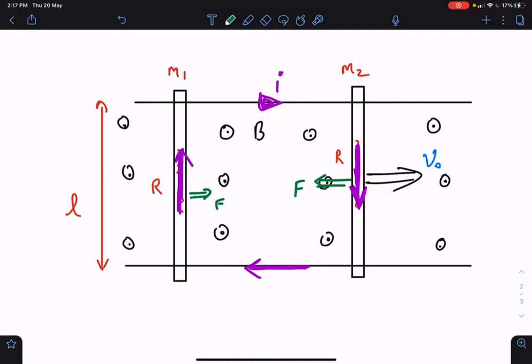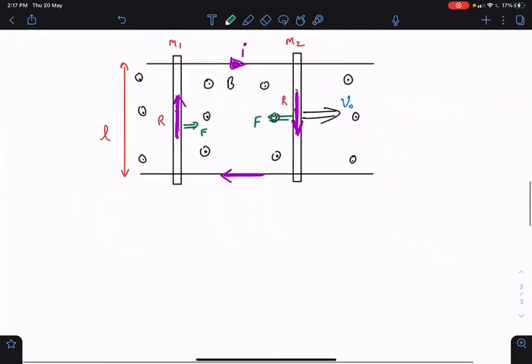So M1 increases its momentum because of this force, and M2's momentum decreases because of another force opposite to its velocity. Then what will happen? The velocity will keep increasing, decreasing. After that, what will happen? Will M2's velocity reduce to 0 and M1's velocity increase to some V naught? Both will try to become equal.